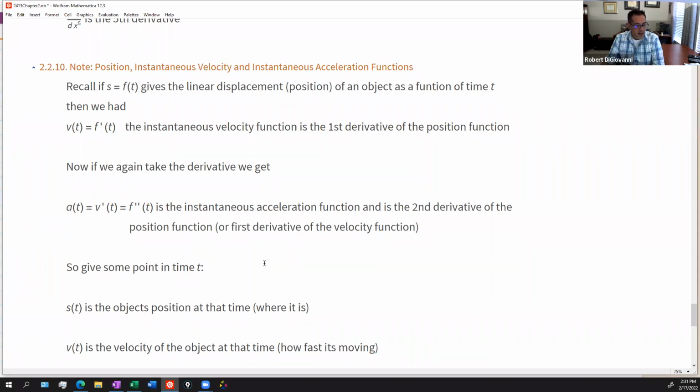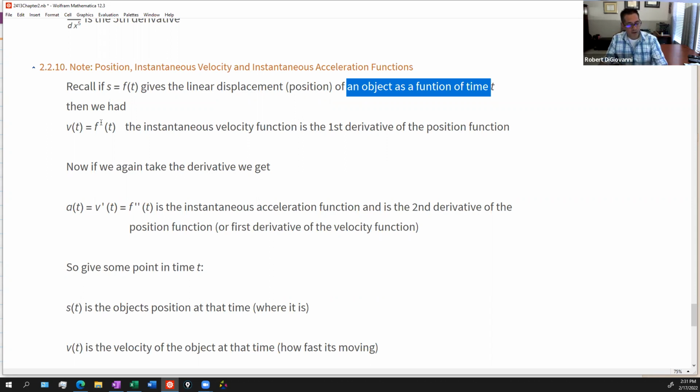This note says that if you start with some function, s equals f of t, we're using t as a variable. T is like the x has been for us, but we're using t because it's going to represent time. Let's say you have a function that gives you the linear displacement or position of an object at points in time, so you have some function that tells you exactly where something is at every point in time.